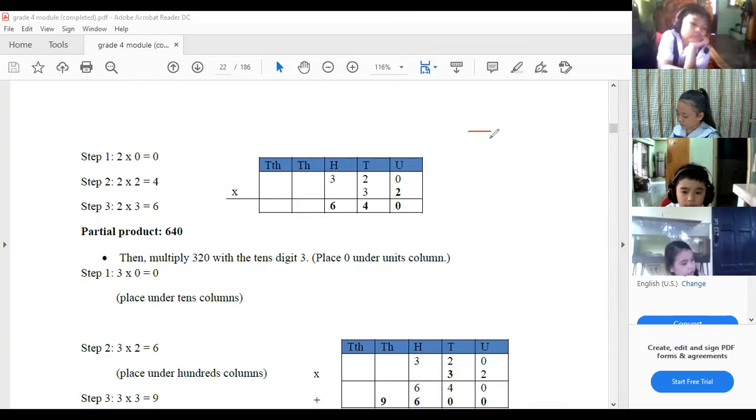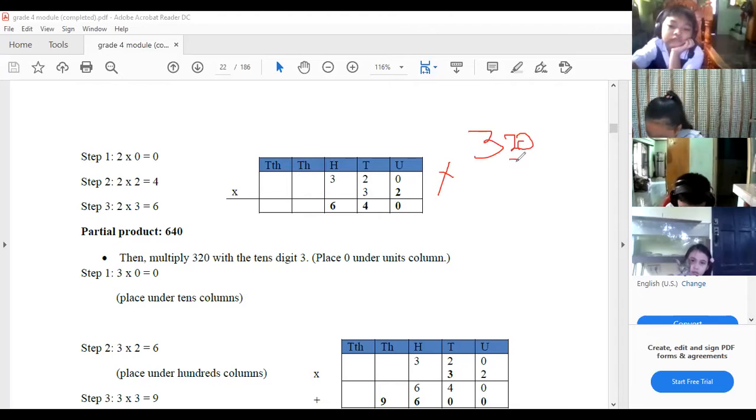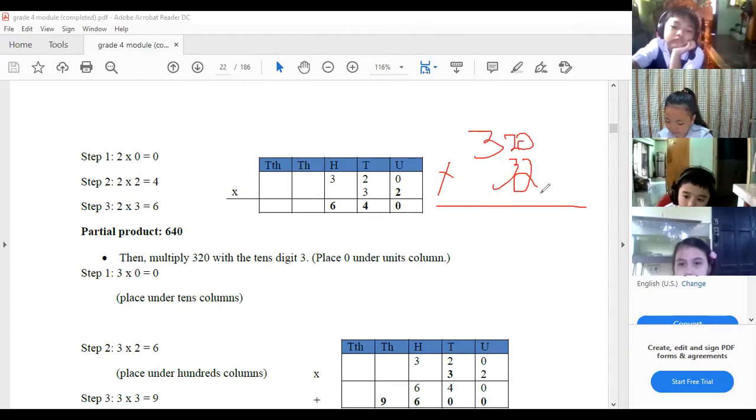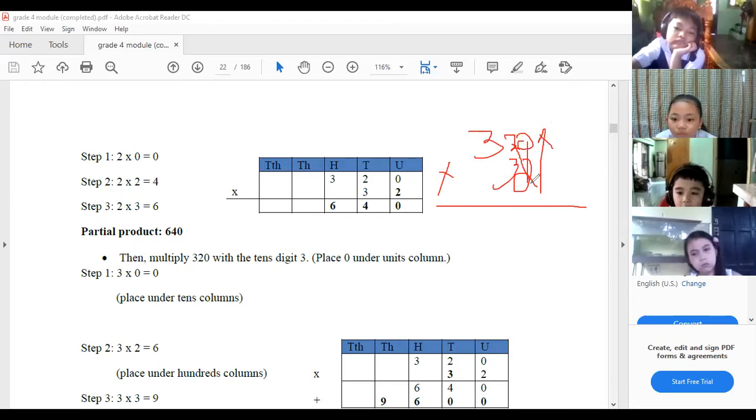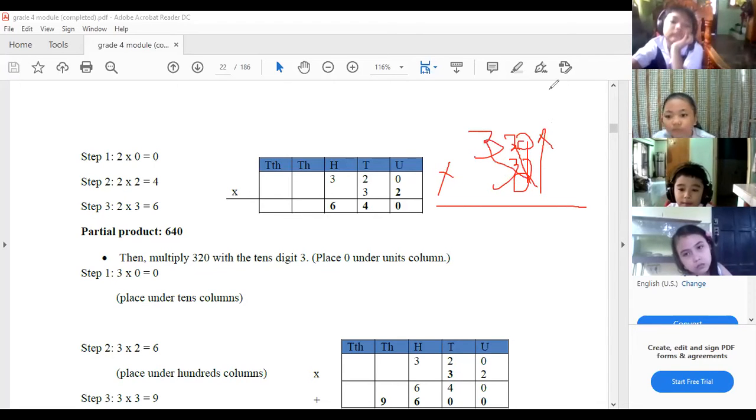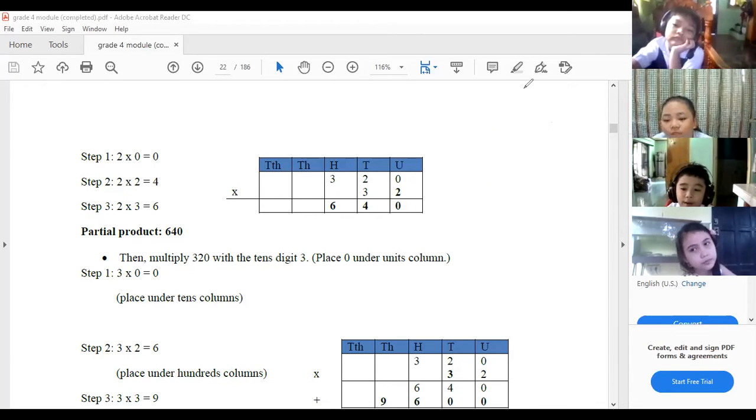If we have 320 times 32, what is our rule? Upward. So this digit, 2, will be multiplied to the ones, then the tens, then the hundreds. We know that, teacher. So this is what we will do.